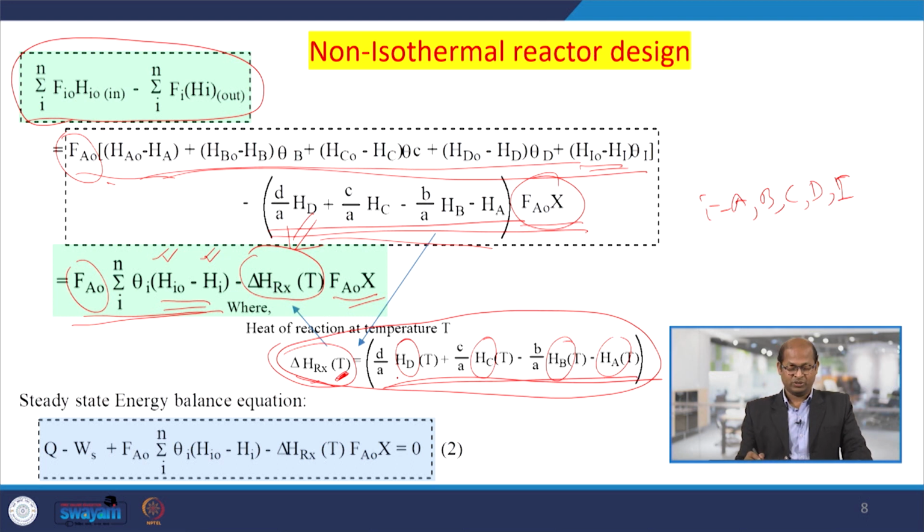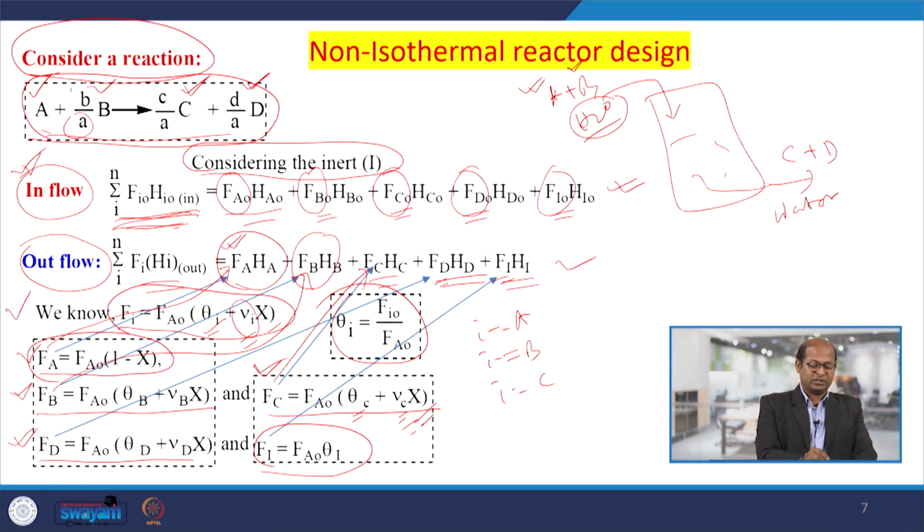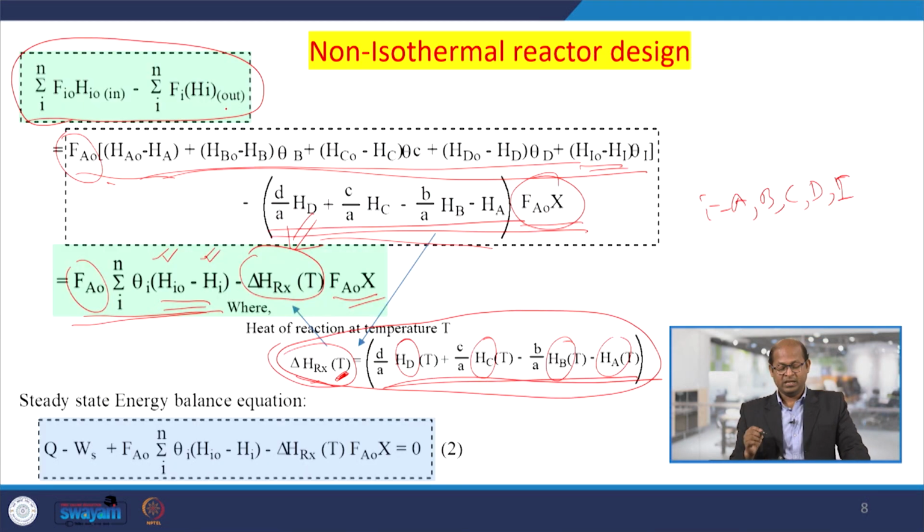If we know the stoichiometric coefficients small a, small b, which are numerical values, maybe 1, 2, 3, any numbers, and the corresponding individual component enthalpy at that temperature, then for conducting these reactions at that temperature we know the change of enthalpy.